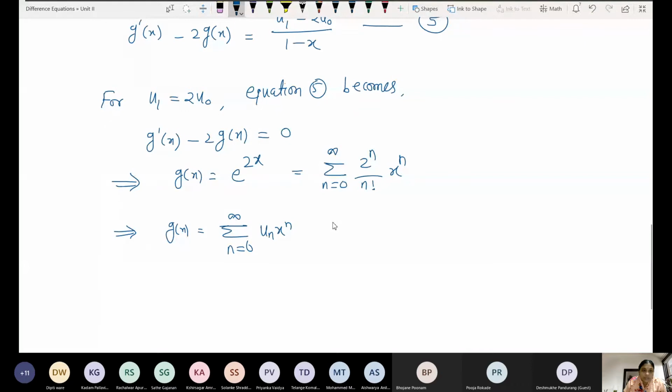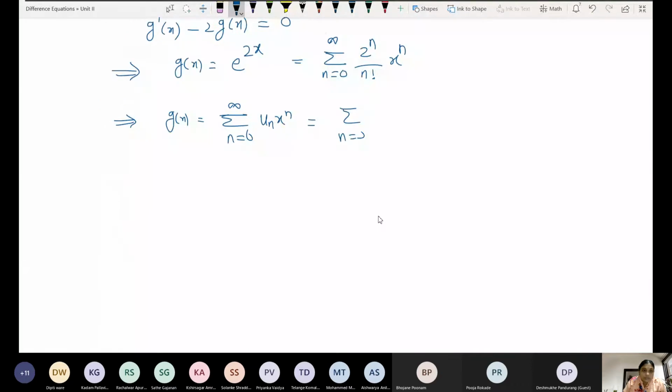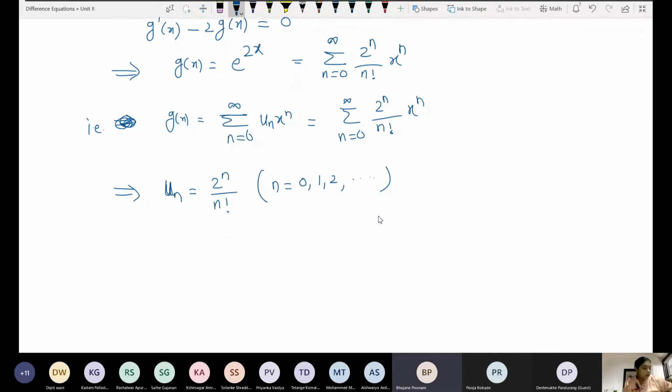So this implies what is un? If g of x is this one, un x raised to n, so un must be 2 raised to n upon n factorial for n is equal to 0, 1, 2 and so on. So this is my one solution.